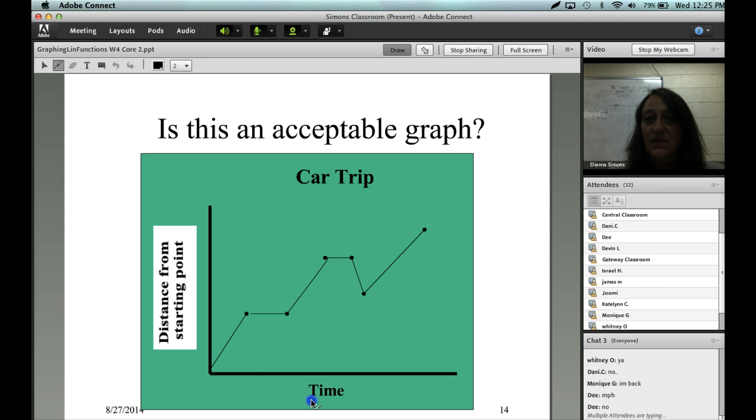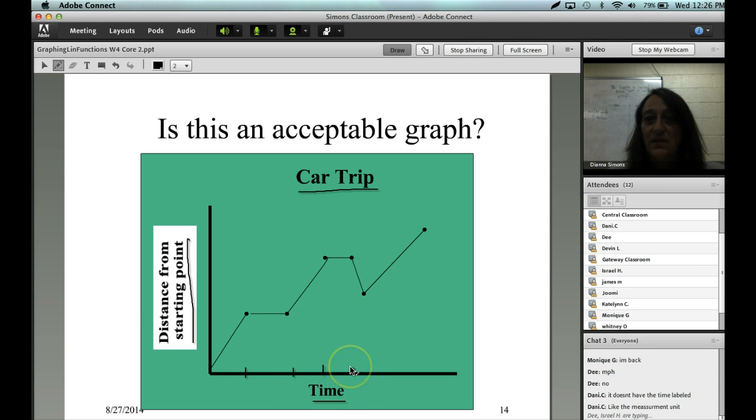Our x-axis is labeled, our y-axis is labeled, our whole graph has a title. Oh, it doesn't have the numbers. Okay, so it doesn't have like 5, 10, 15, 20. That's a good point.